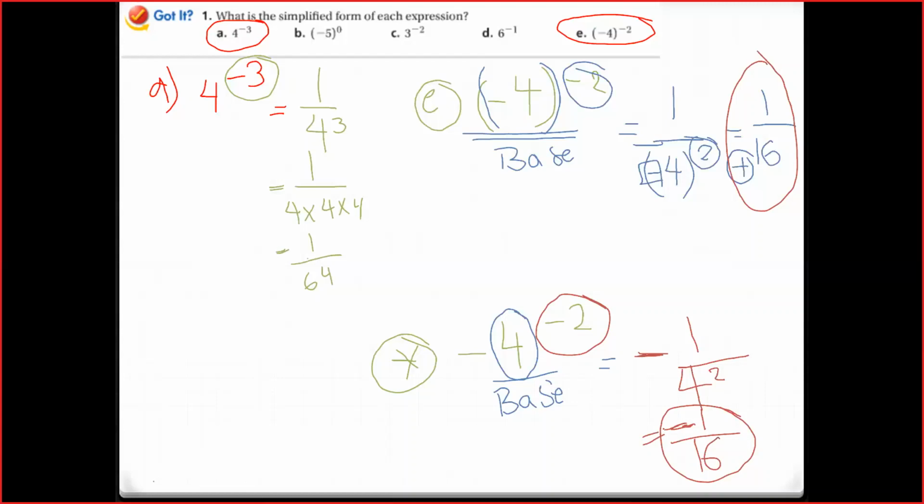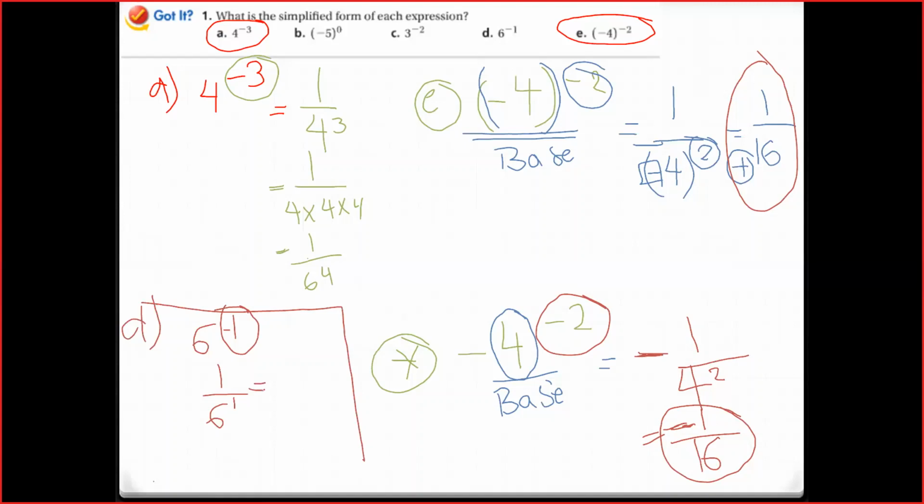Later on I will do this one. I will do D here. 6 to the power negative 1. What is the reciprocal of 6? 1 over 6. And what is the opposite of negative 1? 1.